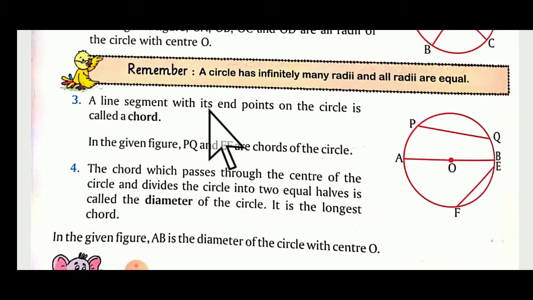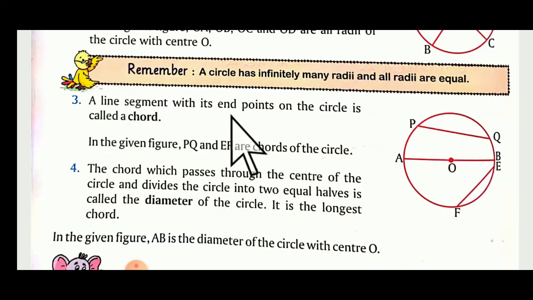A line segment with, let us take the figure, point O, that means it is the center of the circle. AB is a line, from one end to the other end. PQ is also another line they have drawn, and EF also is another line. So let us explain one by one.